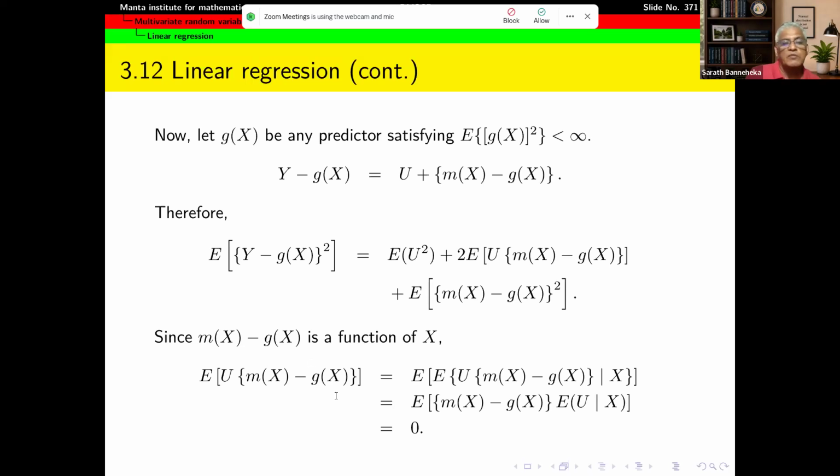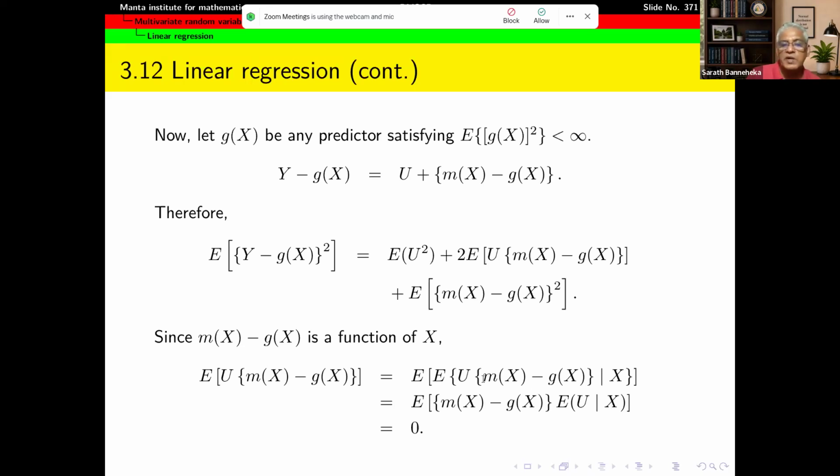So the expected value of u times this function is equal to the expected value of this thing given x. When x is given, this part, which is a function of x, can be considered as a constant. Therefore, you can take it out of the expected value, and then you have the expected value of u given x.